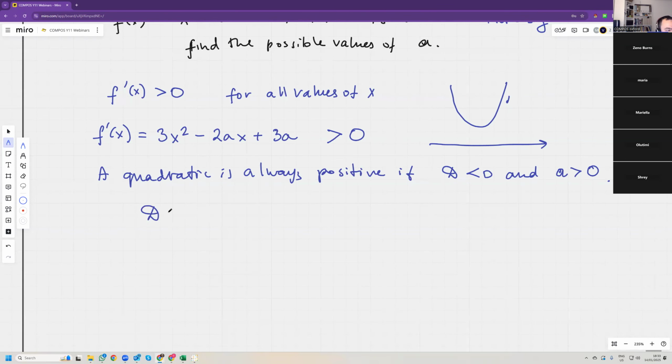The discriminant is equal to b squared minus 4ac. So b squared minus 4ac, which is minus 2a squared minus 4 times 3 times 3a. And that has to be negative. So that's 4a squared minus 12 times 3, 36a, less than 0.